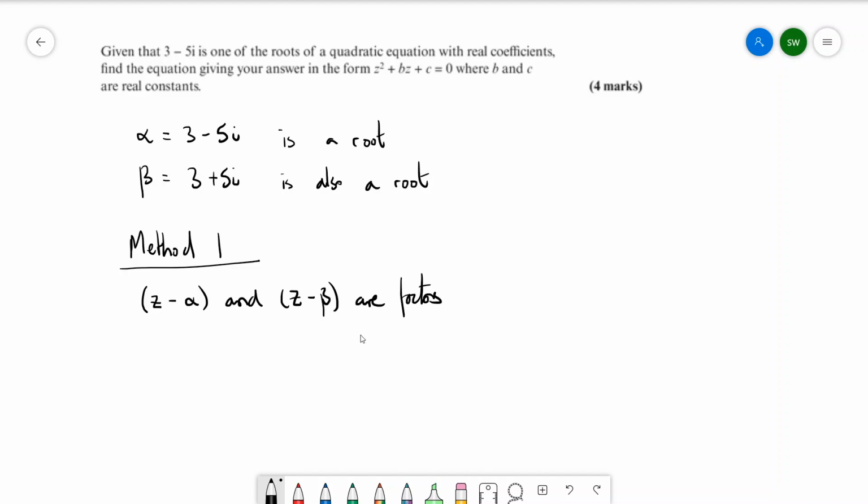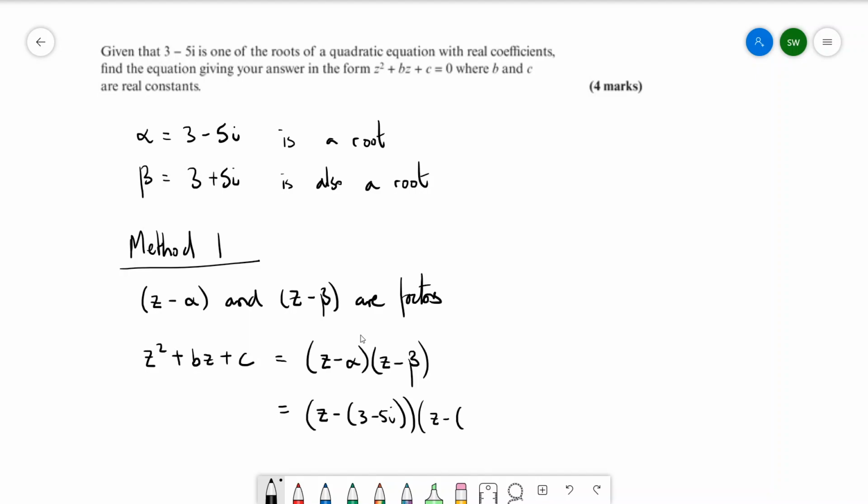So we know that the quadratic z squared plus bz plus c must be equal to the two factors multiplied together, because that's how you would get the quadratic from the two factors. And then you could sub in the roots that you've got, so z minus 3 minus 5i and z minus 3 plus 5i. And then you could do what we did in example 9 and expand the bracket.